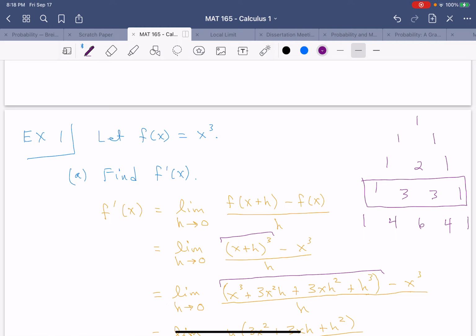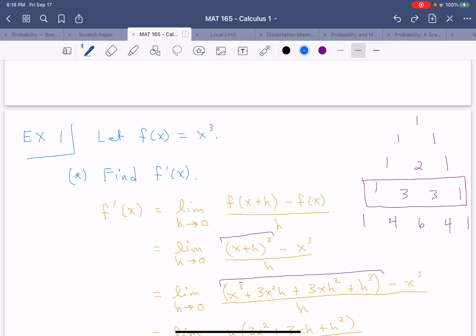And so the first thing we need to mention is that when you go from left to right, you're going to have an x to the third, an x to the second, an x to the first power, and an x to the 0 power. From right to left, we have an h to the third, h to the second, h to the first, and then h to the 0.